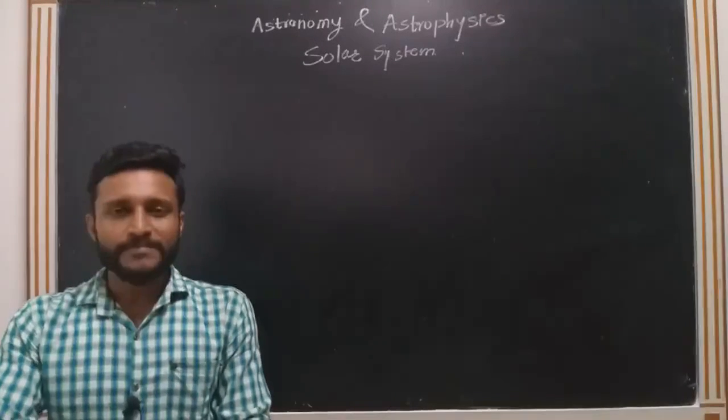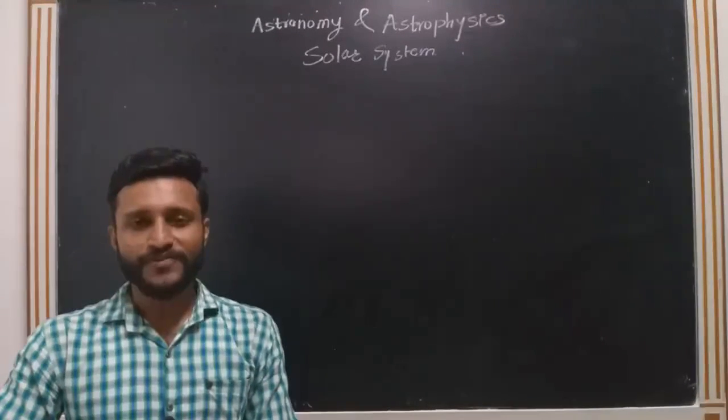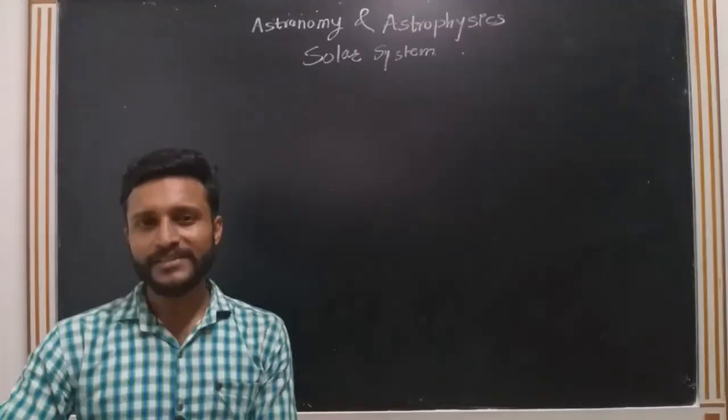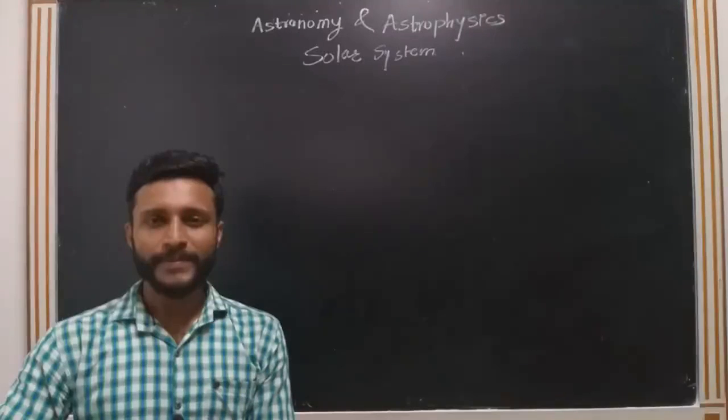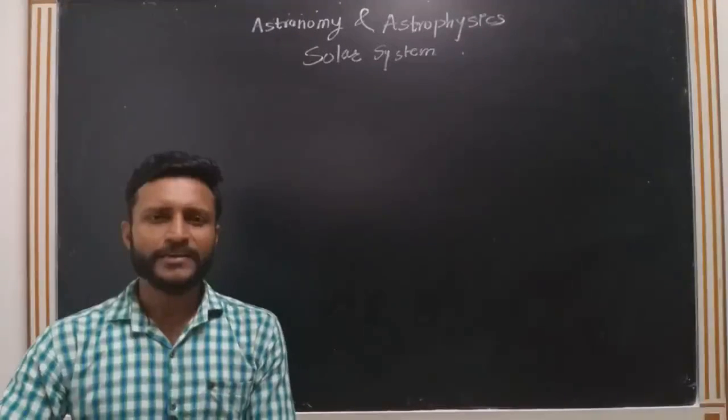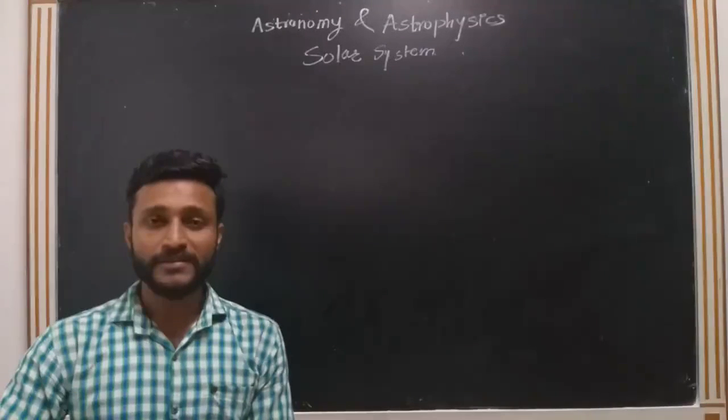So in the solar system, the sun is the center of our solar system. Near about 500 years ago, people thought that Earth was the center of our solar system and all the remaining planets, including the sun, revolve around the Earth.